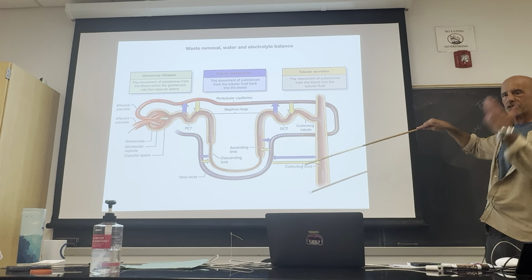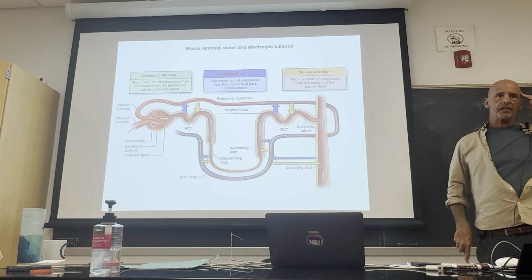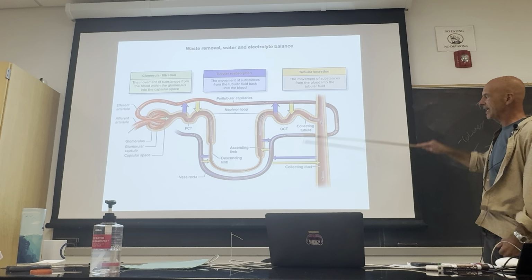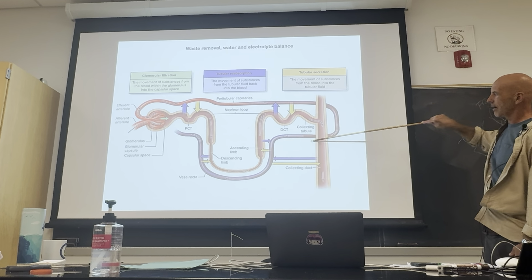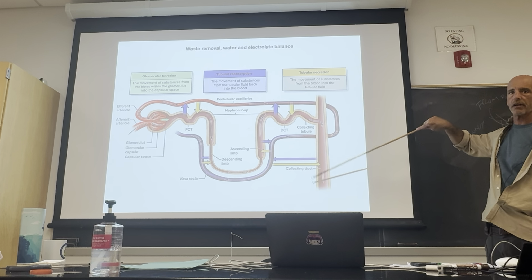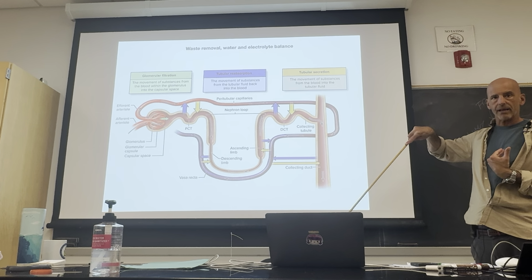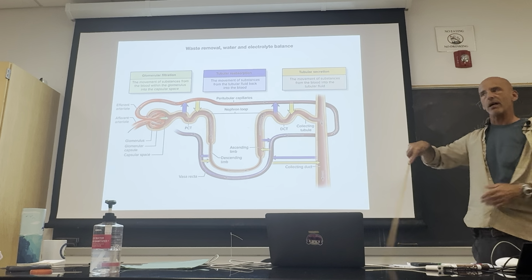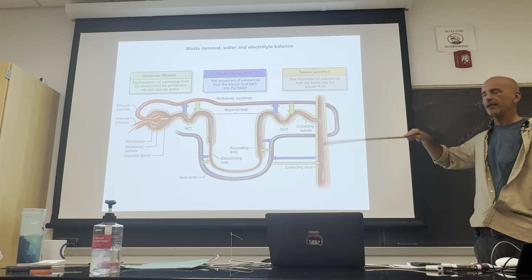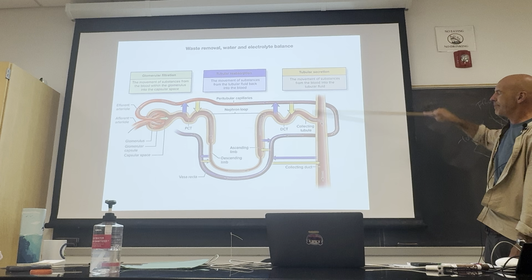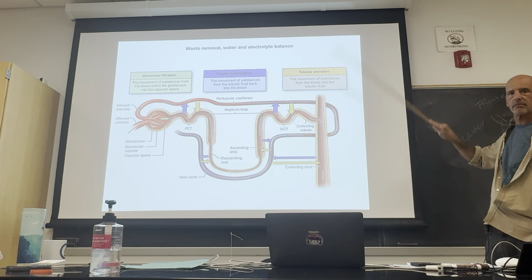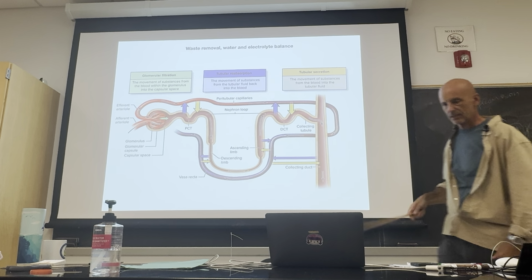When ADH is secreted, your hypothalamus says you're dehydrated, it secretes ADH, and water leaves the tubules, making your urine more concentrated, because it wants to get your water back in your body instead of peeing it out. Whereas if you drink a lot of alcohol or caffeine, then ADH is inhibited and you pee out a lot of water, and then you're dehydrated later.